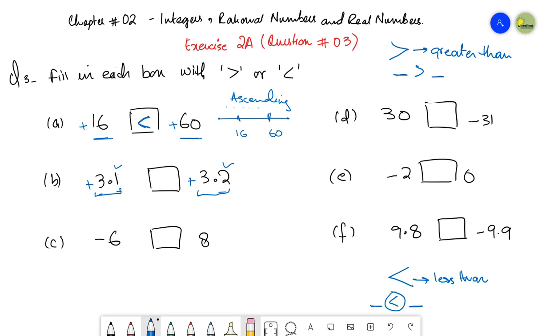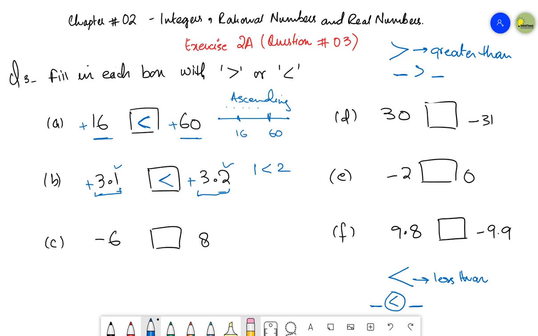So 1 and 2, we know that 2 is greater than 1 and 1 is less than 2. So 3.1 is less than 3.2. Why? Because we are comparing the number after the decimal and we know that 1 is smaller than 2. So 3.1 will be smaller than 3.2. So we will use the less than symbol over here.